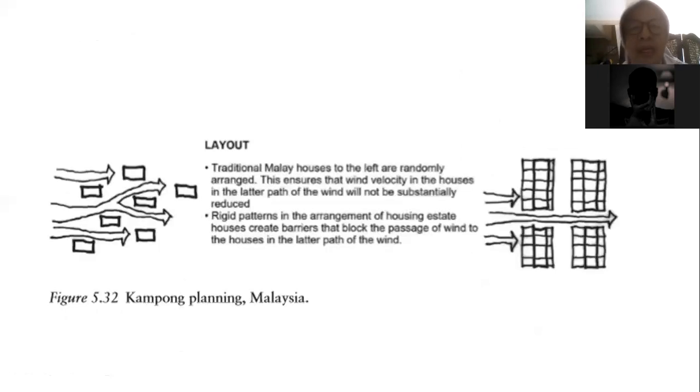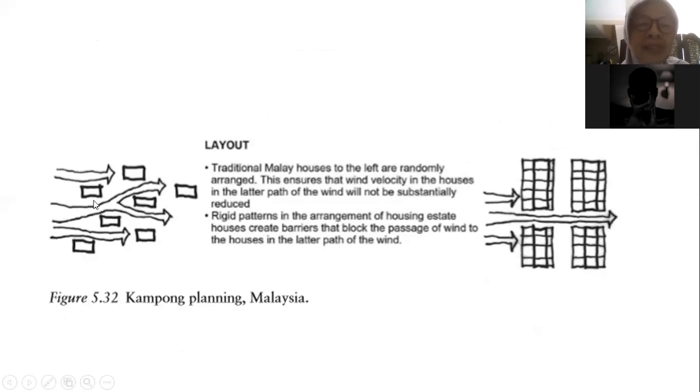So now about the arrangement of the building, we can learn from the traditional Malay house as an example. The houses are randomly arranged.